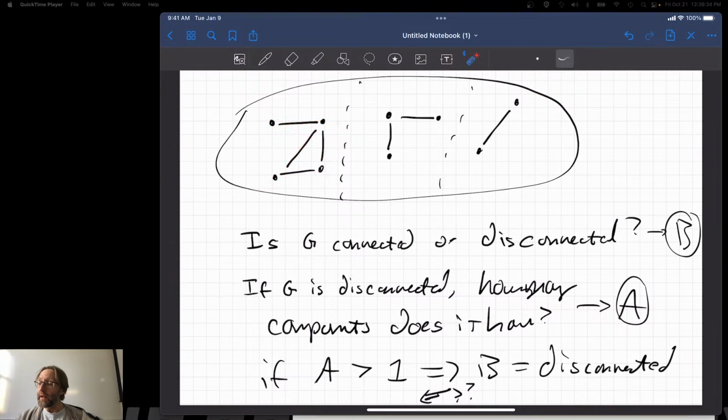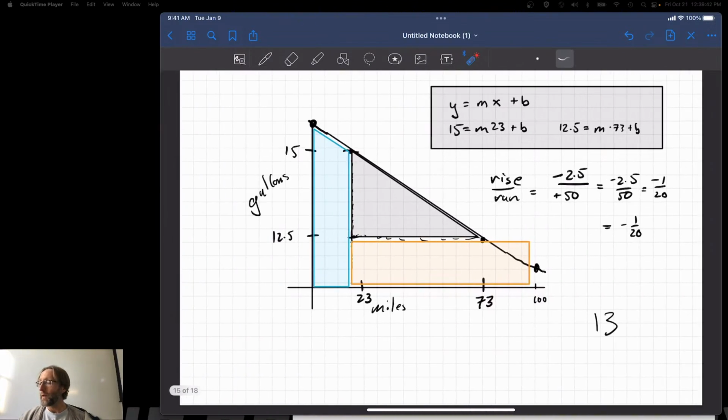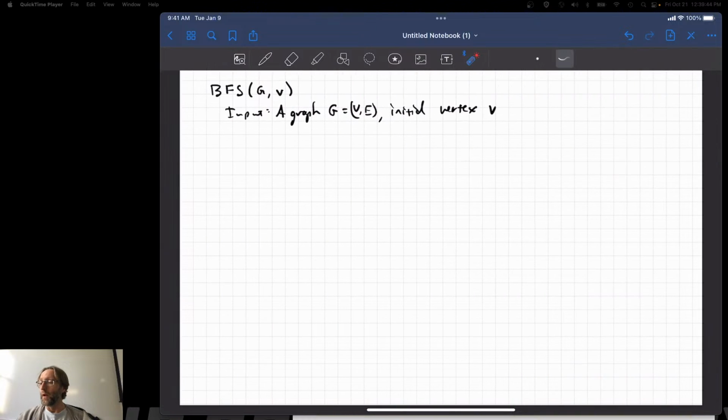No. I may need to restart the BFS at another connected component. And this is going to be the subroutine that I do that in. If I have to restart it, I call this multiple times. I call it on an initial vertex X, and then in the main, there's another unvisited vertex, and I'll call it again and again, starting at a different vertex, okay?